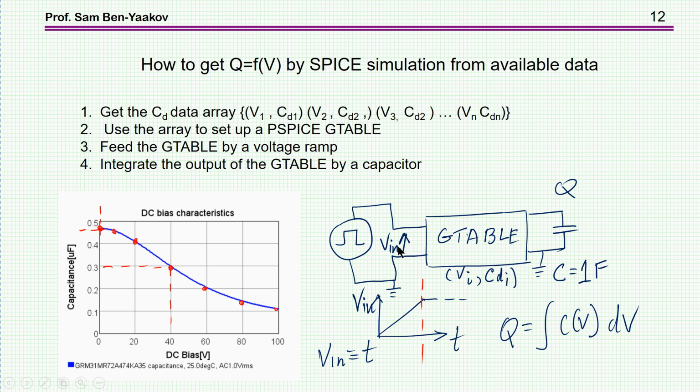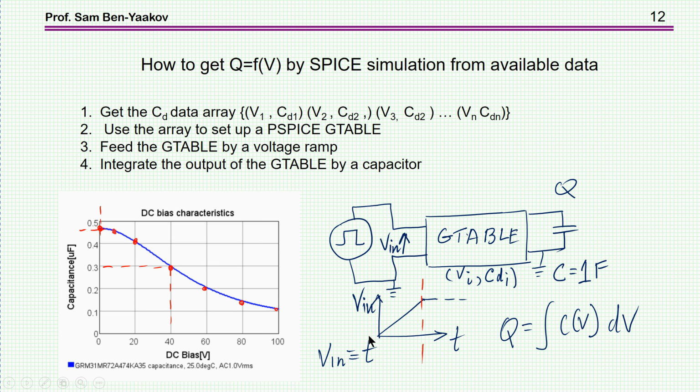So any given input will be a given voltage, which will produce a given local capacitance, and the G-table will produce a current. Then we can take this current and pass it through a capacitor, which performs the integration that we need. Therefore, the voltage on this capacitor is actually the charge.